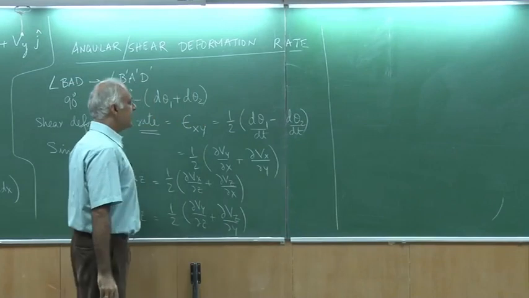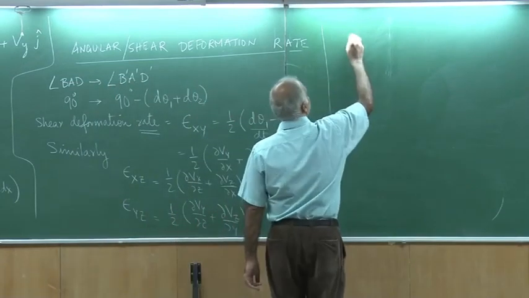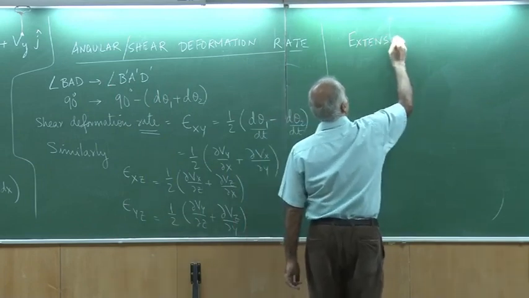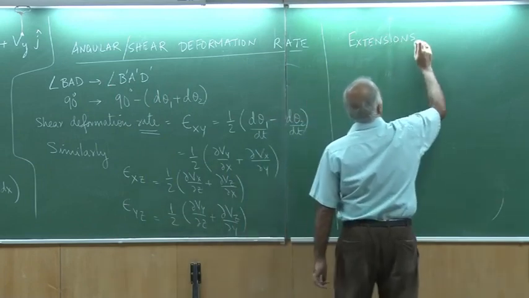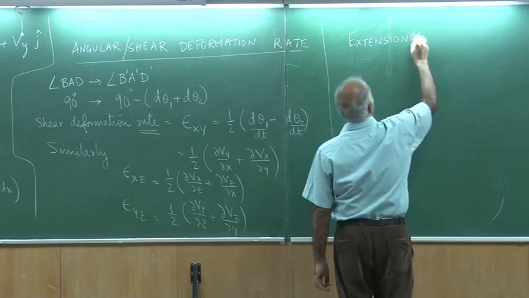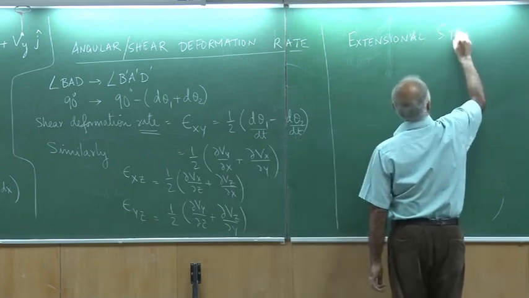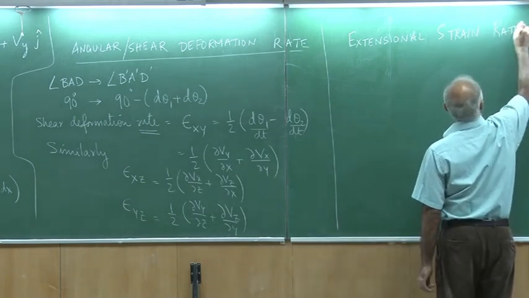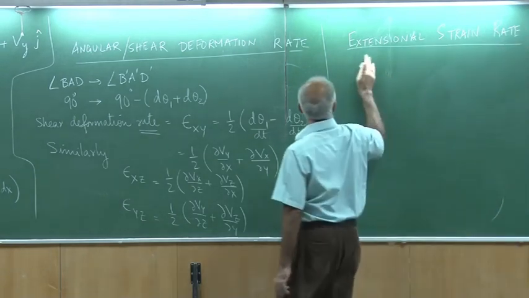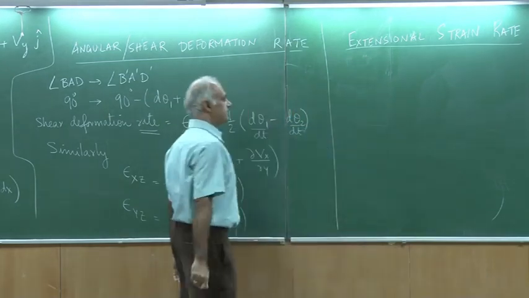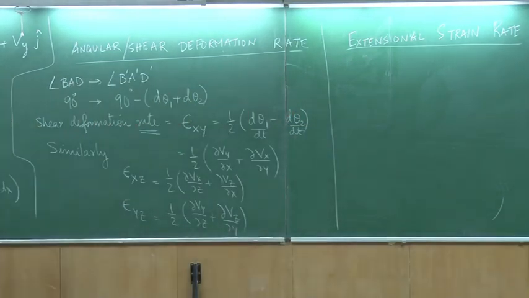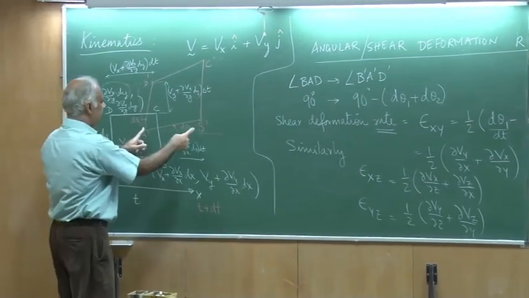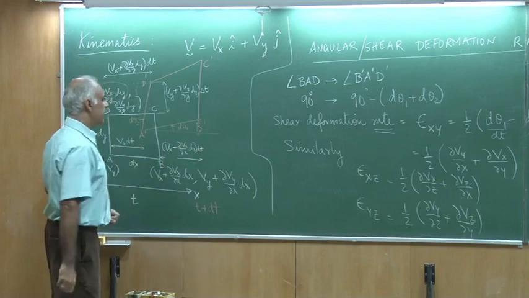All right. So, the next thing that we want to do is now about extensional strain, so extensional strain rate. What we are interested in is that the edge AB has changed its length to A prime B prime.